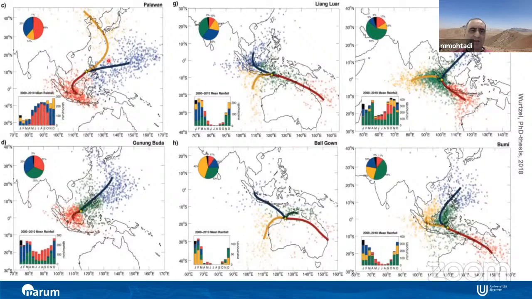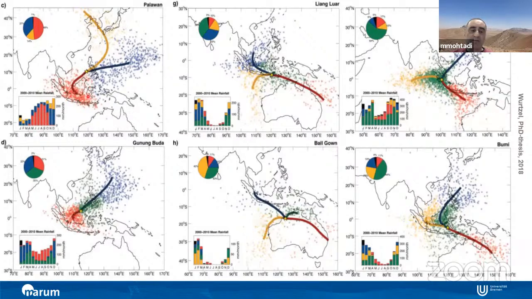If we look at this speleothem site, nearly half of the total rainfall, that's the reddish color here on the upper left corner, is sourced from the Java Sea, from the Sunda Shelf, basically.